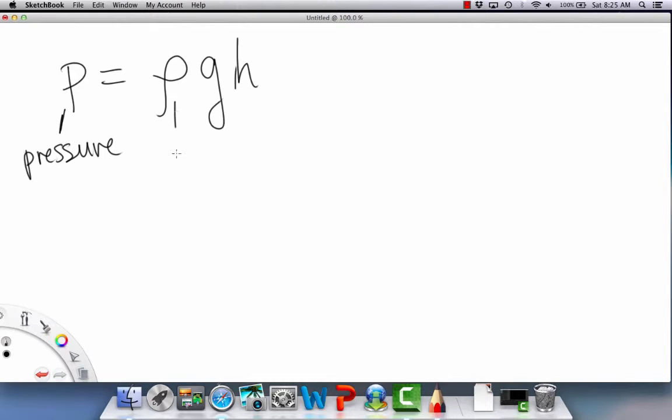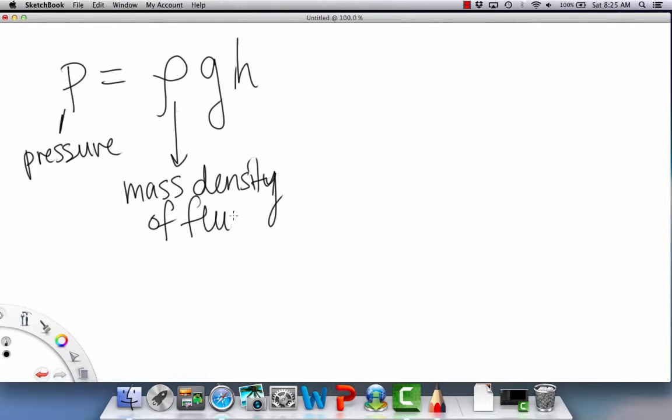This fancy P, rho, is your mass density of the fluid, and this will either be provided for you or it will be the variable that you have to solve for, the unknown. So g is the acceleration caused by gravity. So this is a gravity constant, which is equivalent to 9.8 meters per second.